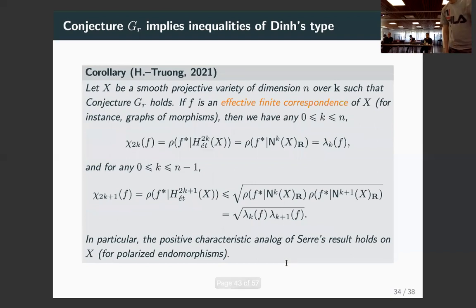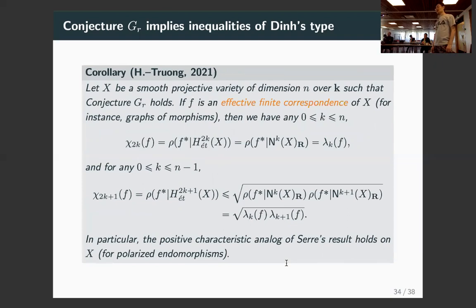Okay, so the important corollary of this theorem is that if f is moreover an effective and finite correspondence, for instance, the graph of a morphism, then we have this dynamic degree comparison. So this means that the conjecture GR can imply a dynamic degree comparison.